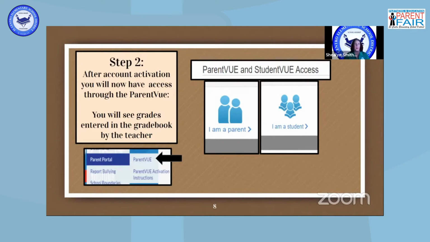So when you do log into ParentVUE, and the grade's not there, remember to give everybody a chance to get those entered into the grade book. So that's our first glimpse into how parents can see grades, and that's called ParentVUE.